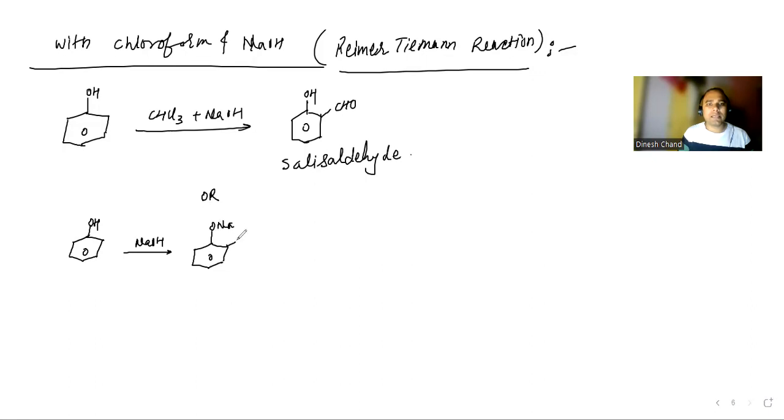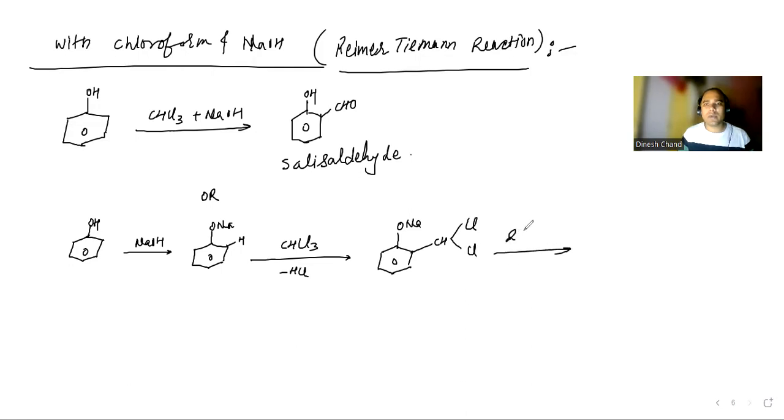Now, here is the hydrogen also. You treat with CHCl3. Right, student? So HCl will be out. What product are you going to receive here? Here is the intermediate you will find, student. This is CH and this group is Cl and Cl. Again, you treat with 2 NaOH, student.